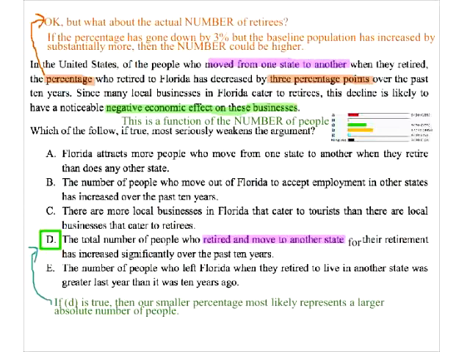Okay, there's a comment that says the number has gone down, but that's the point. Maybe I'm misinterpreting the comment, but we don't know that the number has gone down. We know that the percent of retirees has. If you guys want, you can slap some numbers on these and see if that makes more sense. But the point about these problems is not to think in terms of numbers.